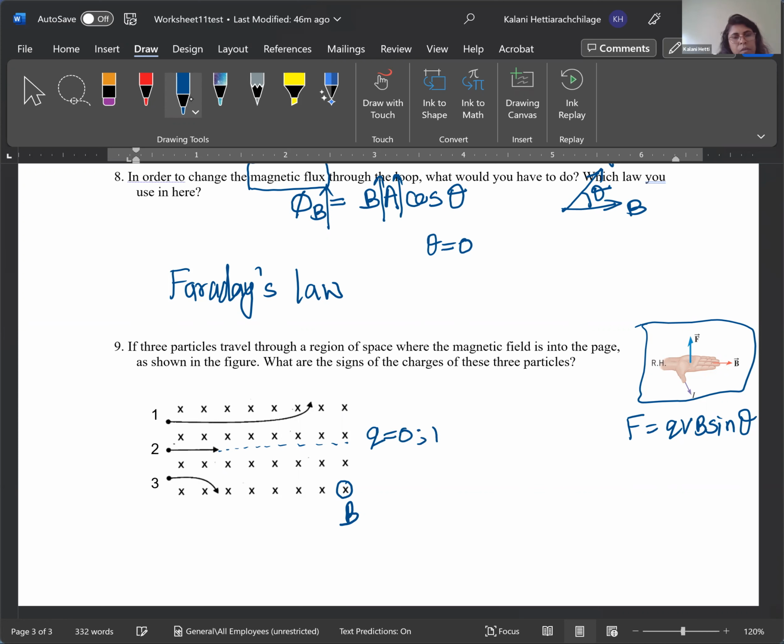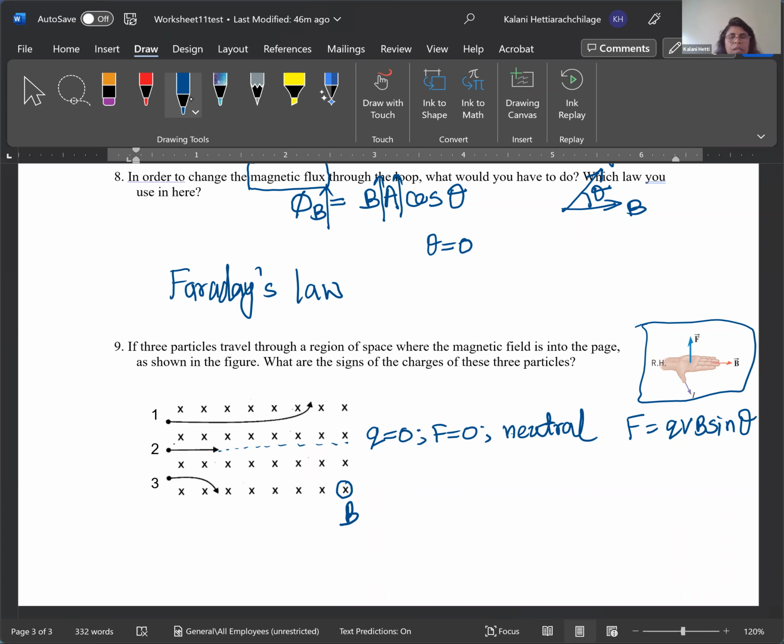That means basically no force for this particle. That means the particle, we can call it neutral. So a neutral particle does not change its path when it travels through the magnetic field. No change of direction for the neutral particle. Okay, that means number 2 is neutral.